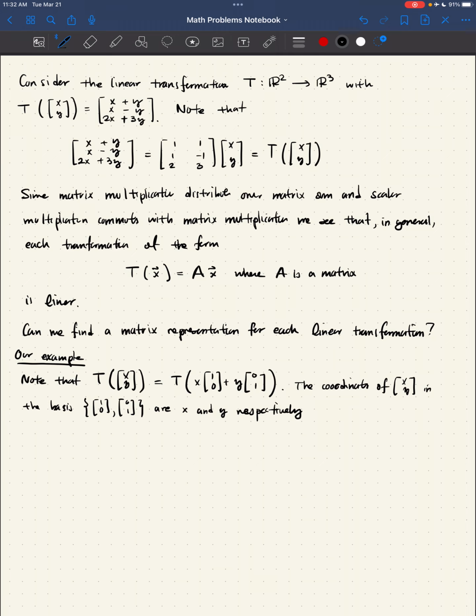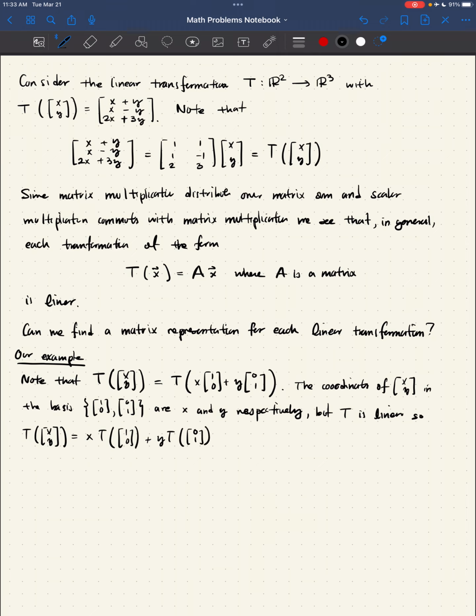But T is linear. So we have that T of xy is equal to x times T of 1, 0 plus y times T of 0, 1.